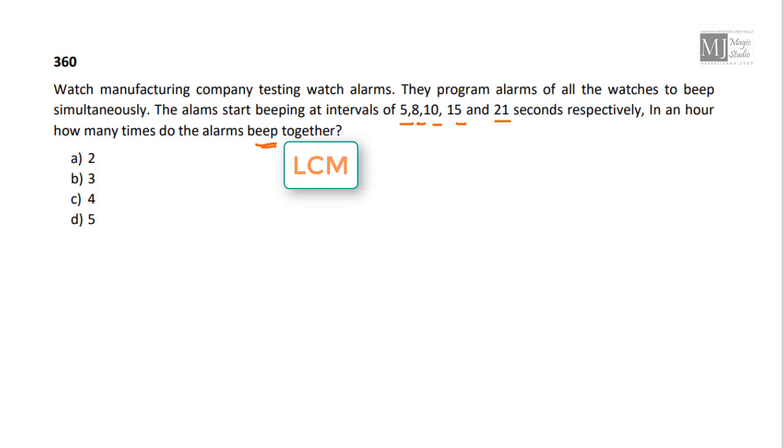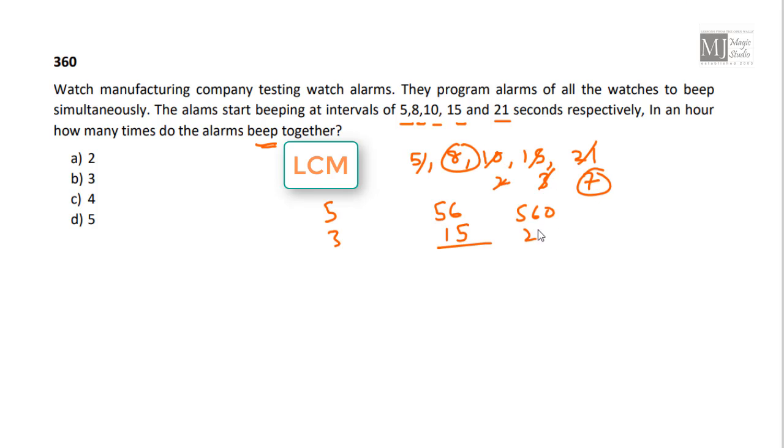And we know these alarms beeping together, all question pertains to LCM. After every 840 seconds, that is, if I divide this by 60, I can get it in minutes, it is 14. After every 14 minutes, they all will beep together.